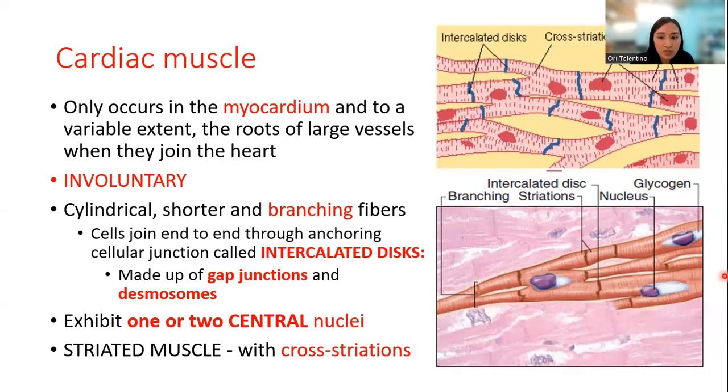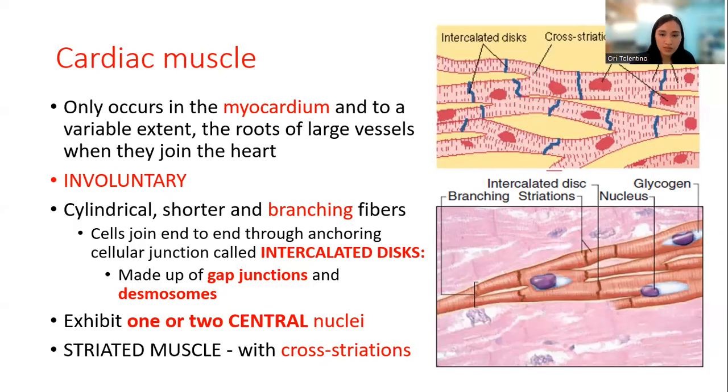The gap junctions link the adjacent cells so that the electrical impulse can travel between cells fast. They act like canals that allow the electrical impulse to travel fast, so the muscle can contract almost simultaneously. And the desmosomes anchor the cells together.